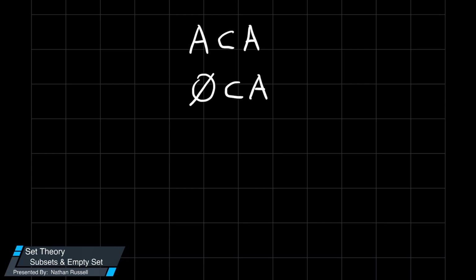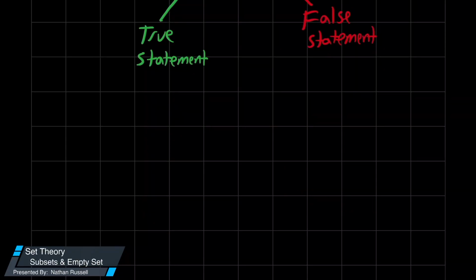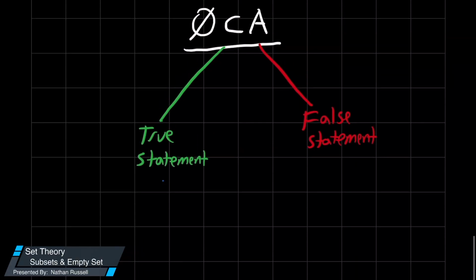So let's consider the two options. This is either a true or a false statement. It will either be a completely true statement or a completely false statement. The true path leads to something that's a little bit awkward. So with this statement, I'll put a question mark here because this one feels awkward.